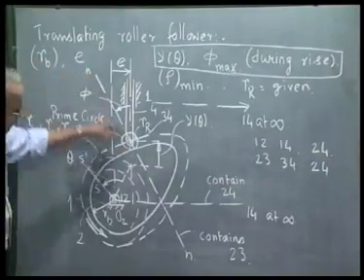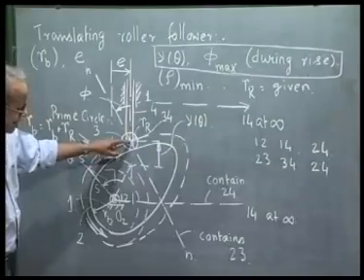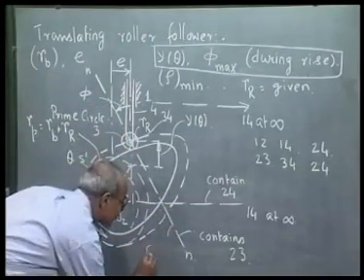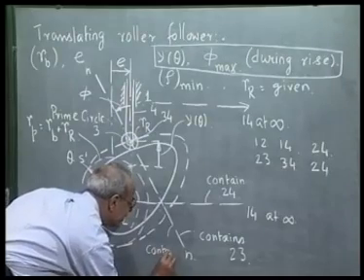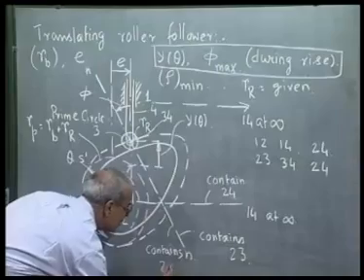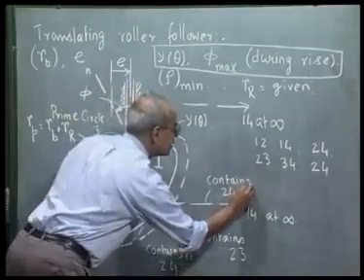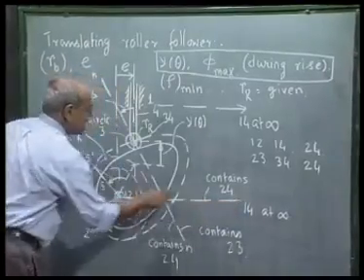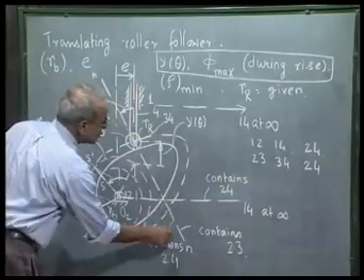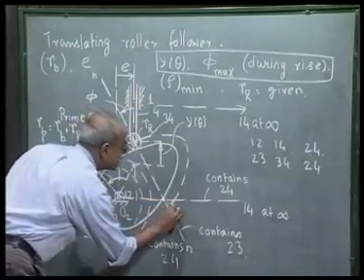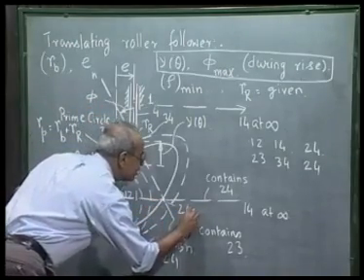I know 2,3 is on this line and 3,4 is here, so this line also must contain 2,4. So 2,4 is contained on both lines, and obviously the point of intersection decides the location of 2,4.